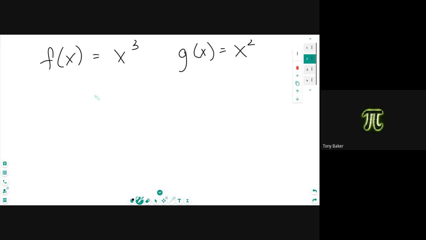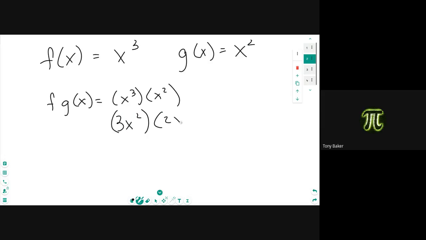So if I had f times g of x, that'd be x to the third times x squared, right? If product rules work the exact same way as my addition and subtraction rules did, this would be 3x squared times 2x, which would be 6x to the third, correct?